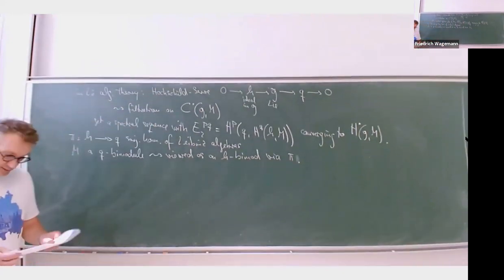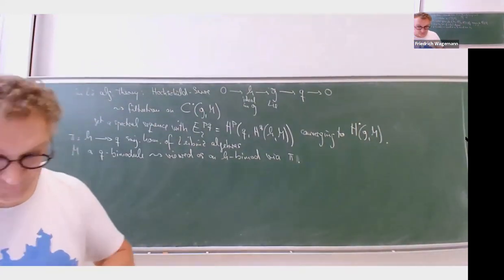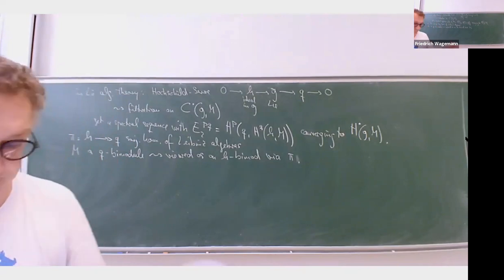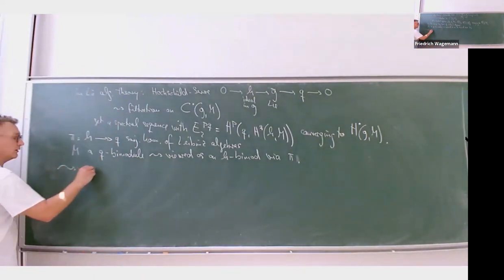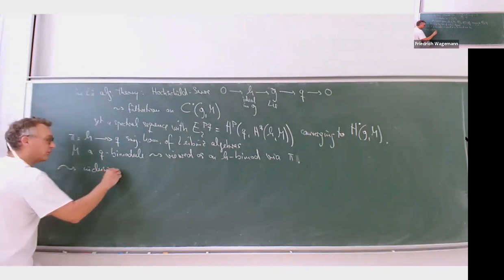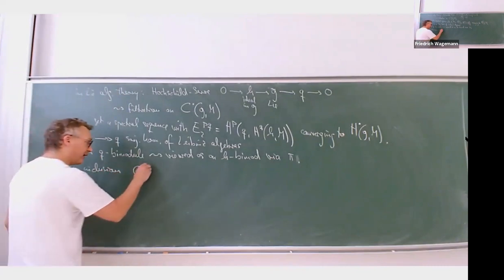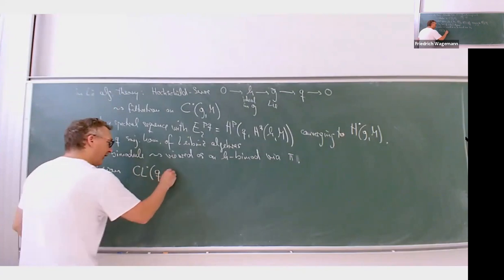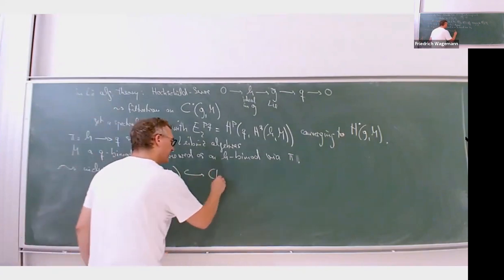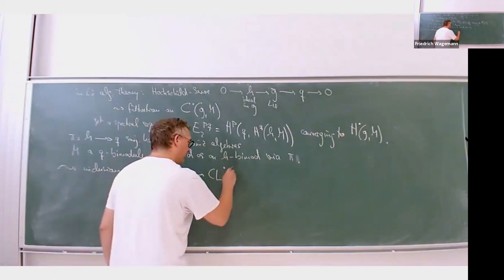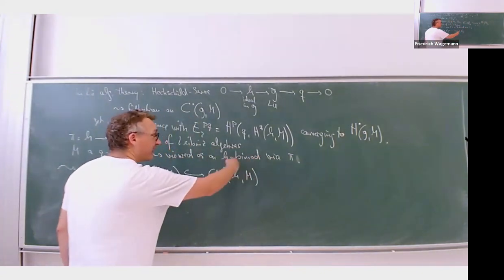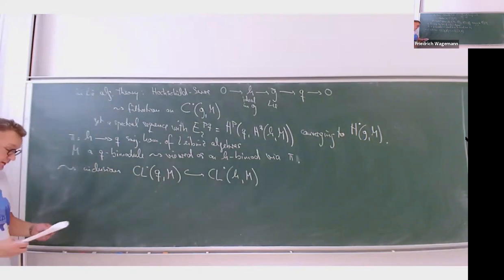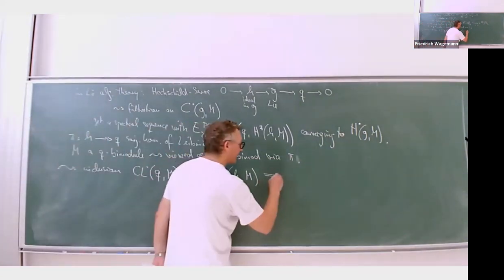Then you have a subcomplex: an inclusion of cochain complexes CL of Q with values in M into CL of H with values in M, but with M seen as a bimodule via pi, and you get a quotient complex as before.